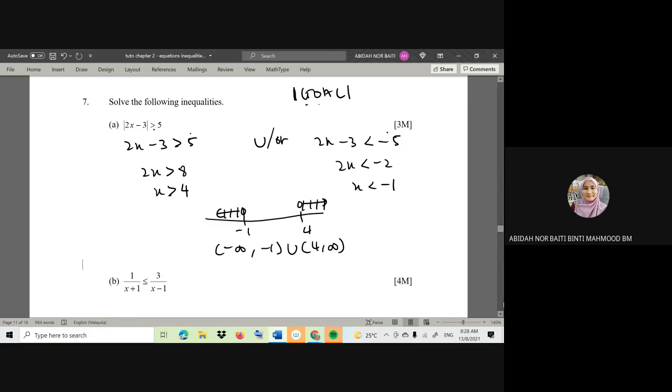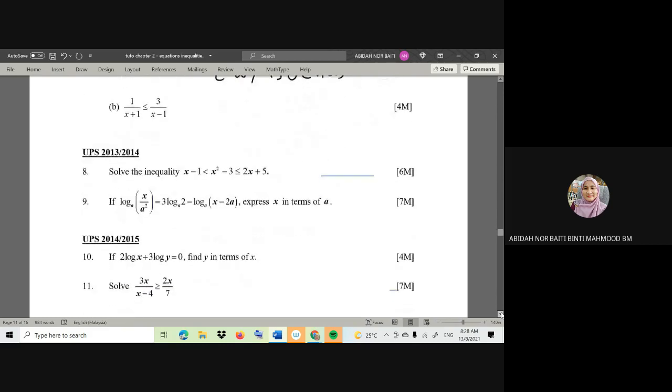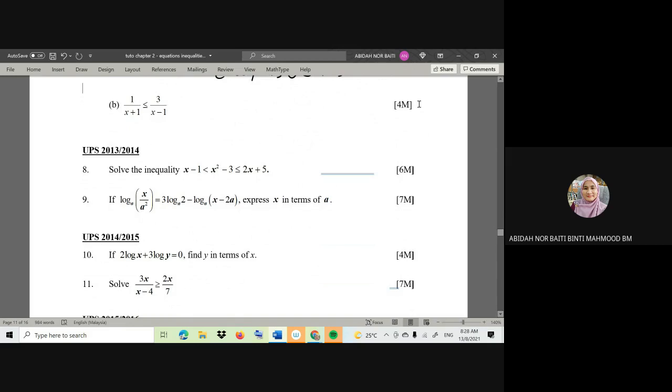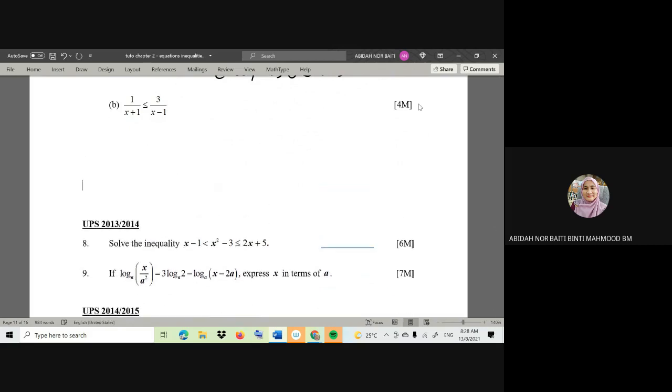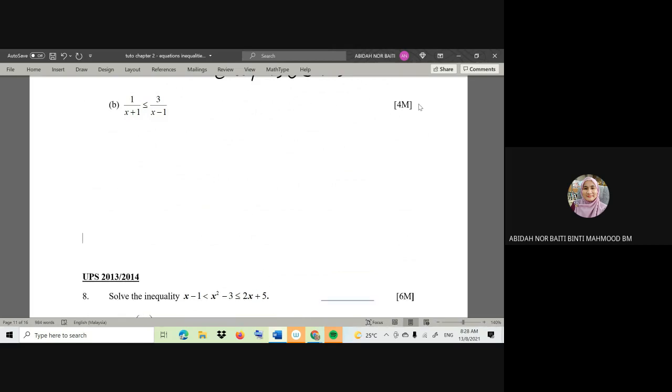Okay. Question B is a rational inequality, no modulus, so don't use GOAL there. We just rearrange, because we want 0 at our right side. So 1 over x plus 1, this is positive becoming negative, 3 over x minus 1 less than or equal to 0.